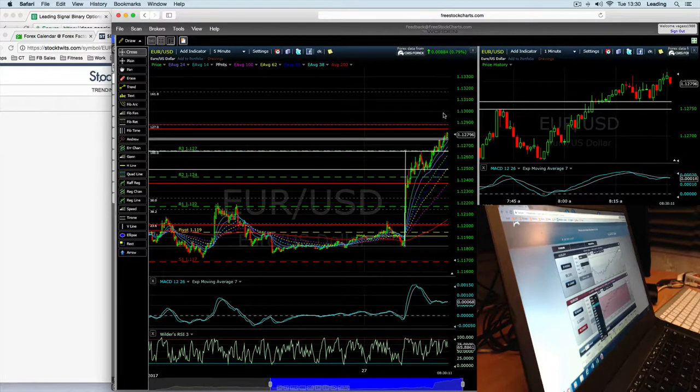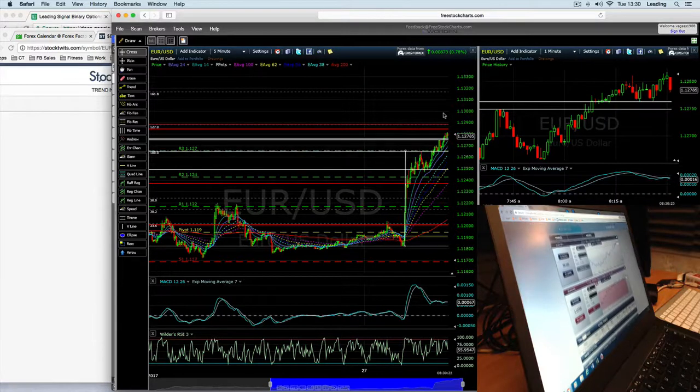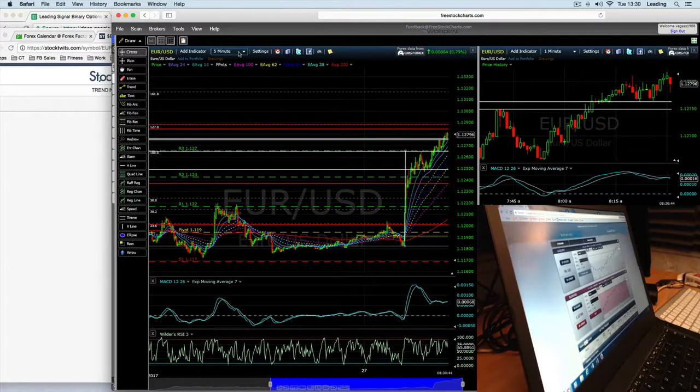Just got one there. Although there is a chance that'll just get bought up and then, yeah. So that first trade that I didn't, that lost.